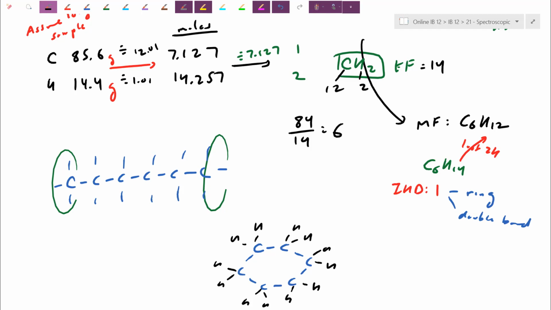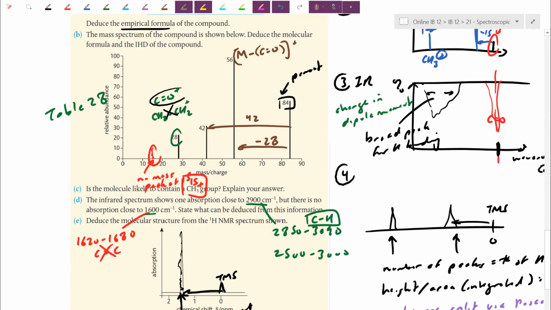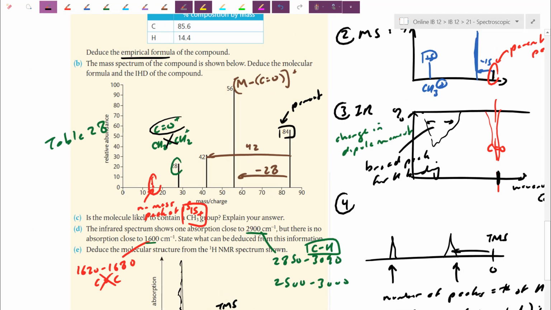You can go back and you can just verify here. Well, earlier I was saying possibly a C=O. Maybe that's the functionality that we had, but C=O would need to have an absorption. C=O would absorb 1700 to 1750. That's C=O.